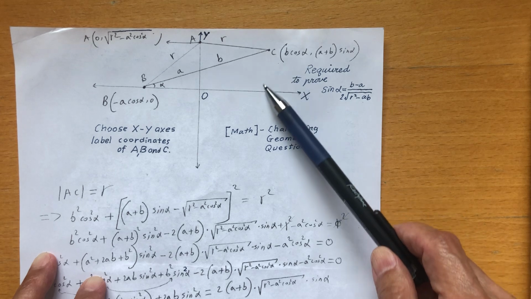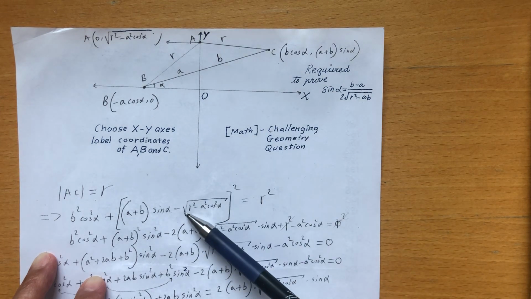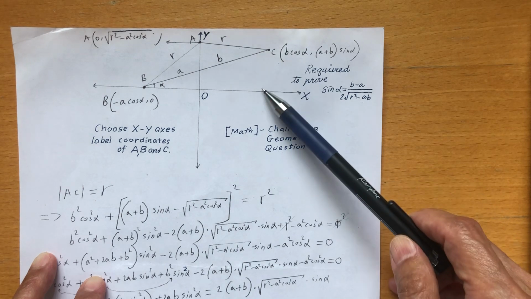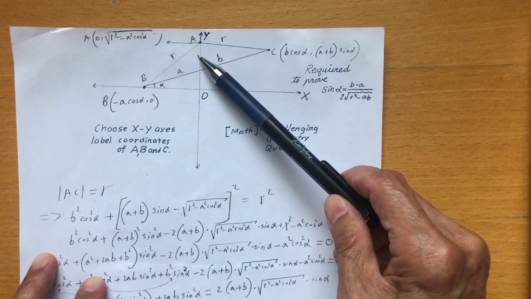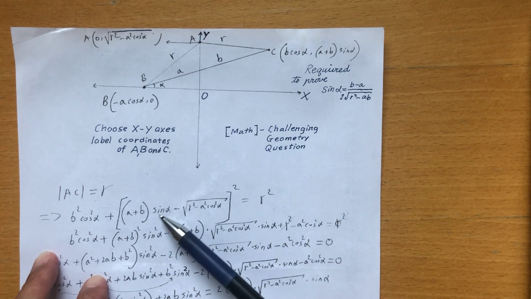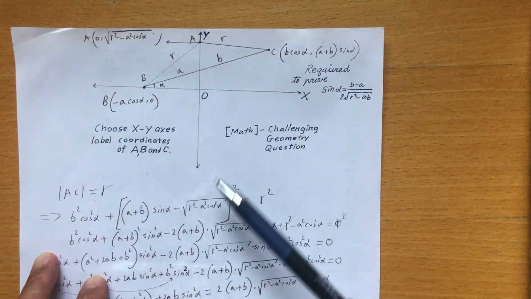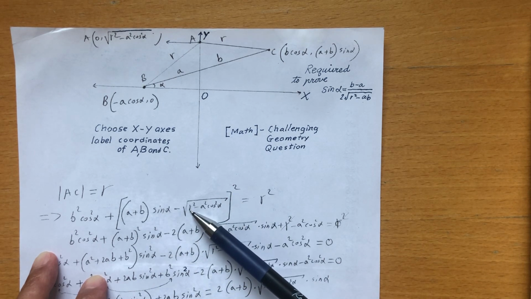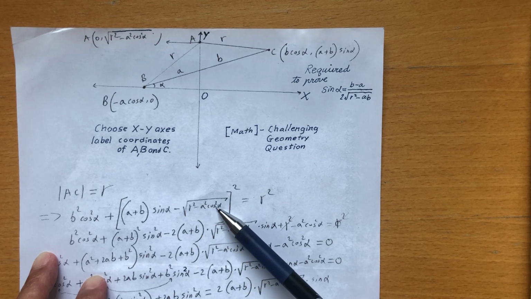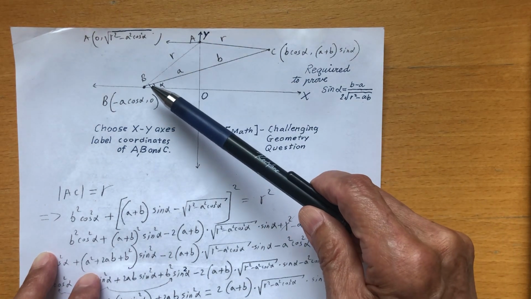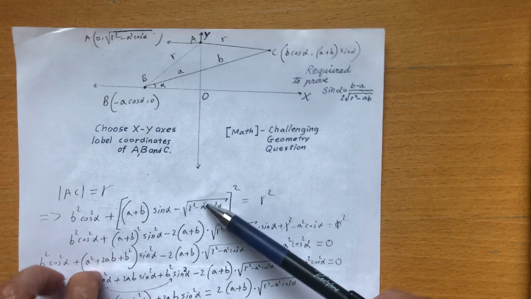A plus B sine alpha is this side. So this side minus this side. Let's see. A plus B sine alpha is this side. And here, the square root of R squared minus A cosine alpha squared. Let's see this now.